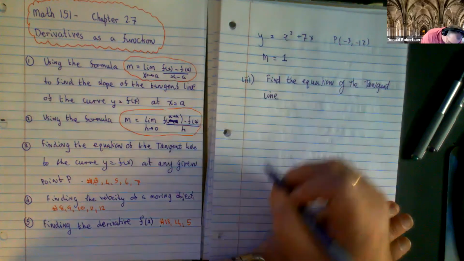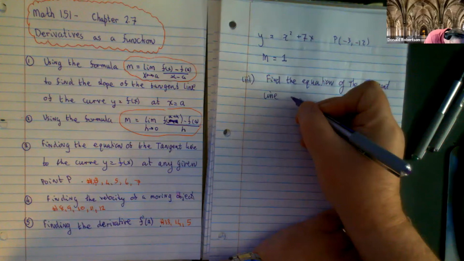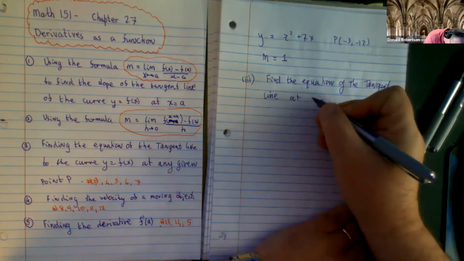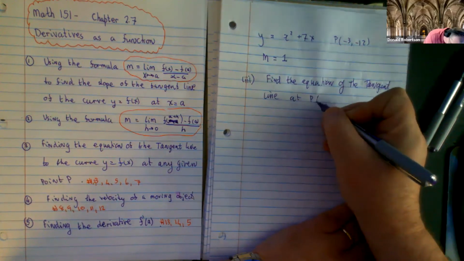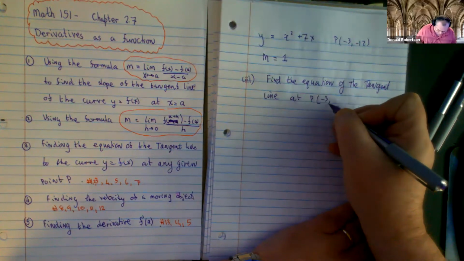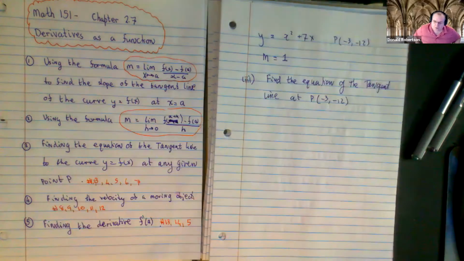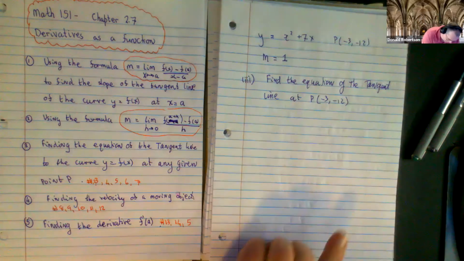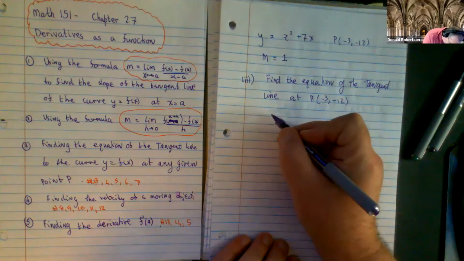So essentially it's going to be at the point -3, 12. Right, so we're going to find the equation of the tangent line, like y equals 2x plus 5, that kind of guy. And right now, I know the slope and I know the point. So I should be able to get the equation of the tangent line.